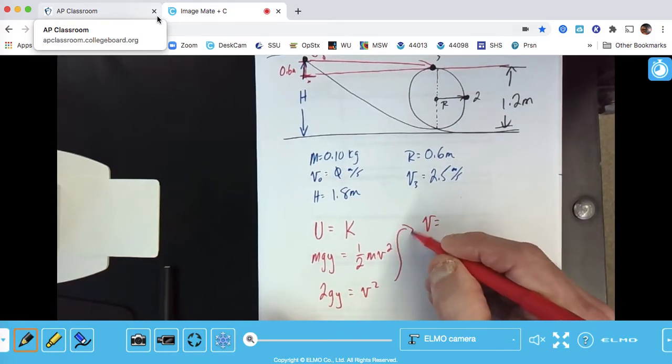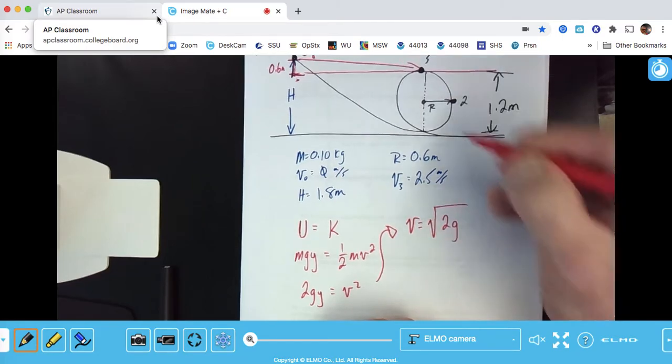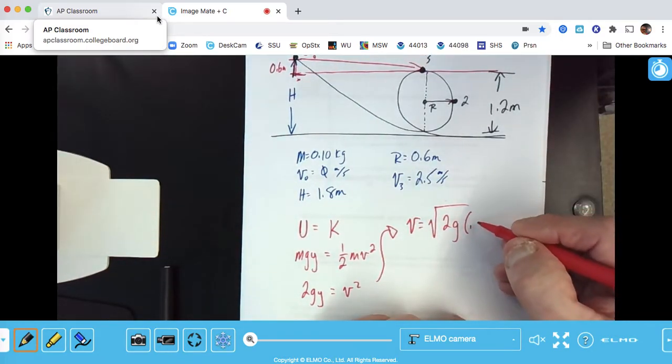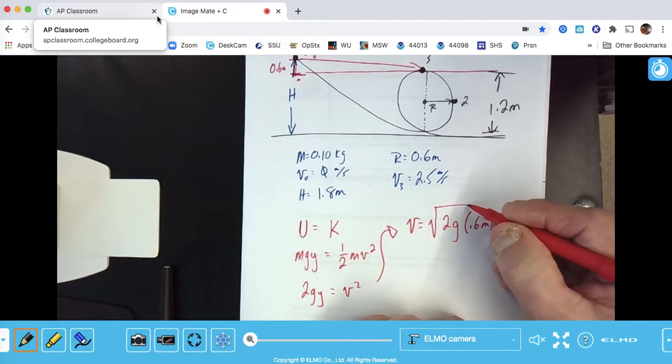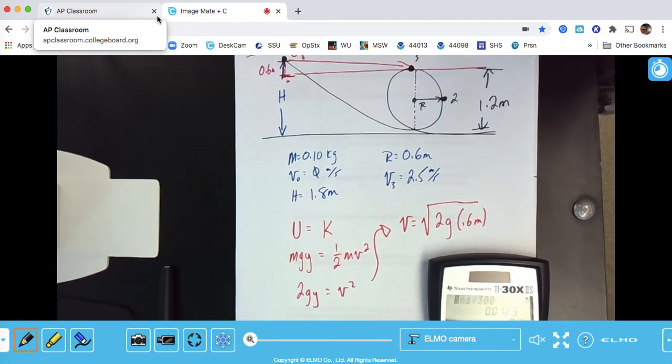Velocity is root 2gy. Root 2g, 0.6 meters. So 20 times 0.6 is 12, and root 12 is more than 2.5. Did I do that right?